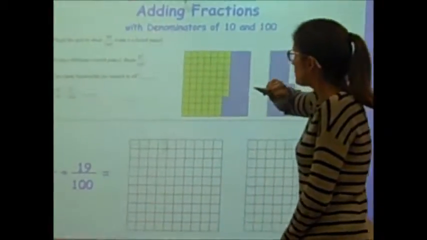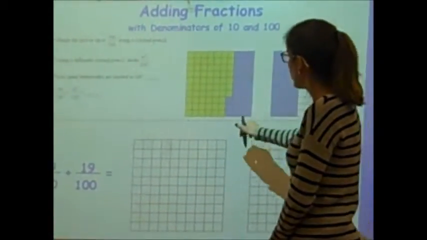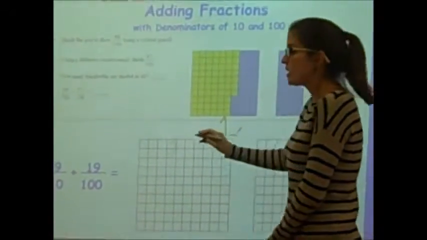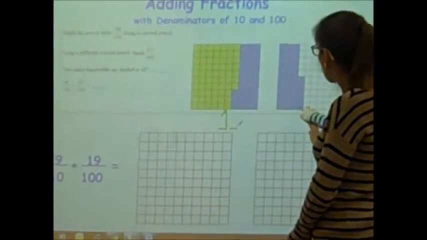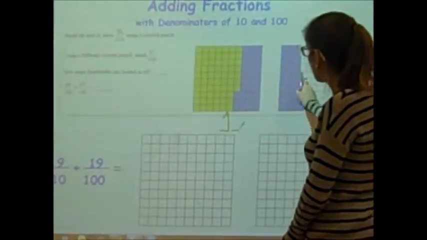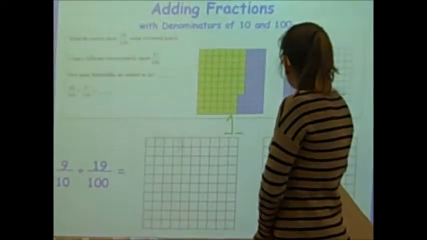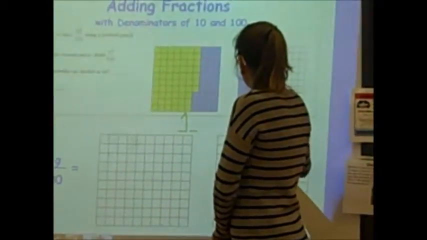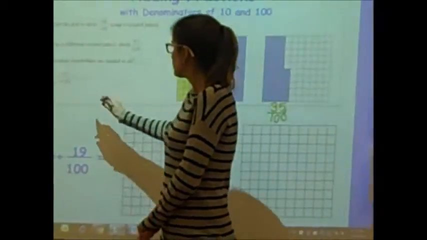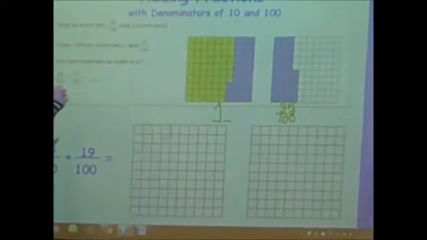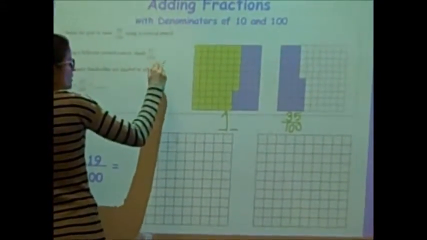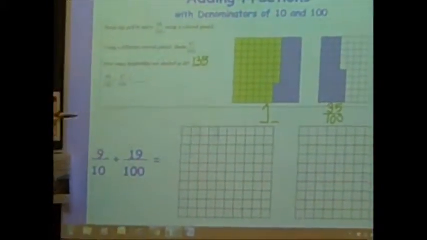So if we looked at this, we have one whole, and then again, we want them to be able to recognize 10, 20, 30, 31, 32, 33, 34, 35. 1 and 35 hundredths. So how many hundredths are shaded in all? We would have 135 hundredths.